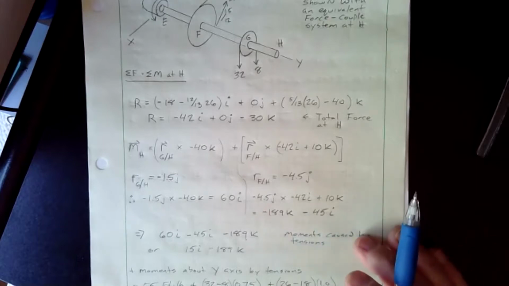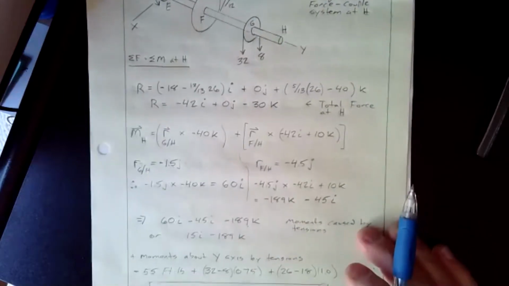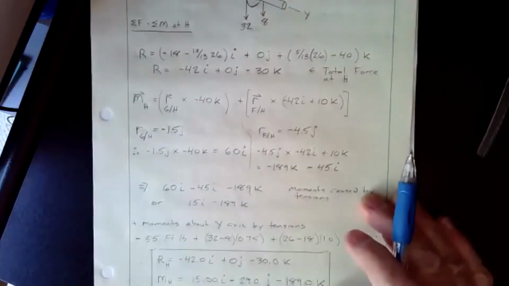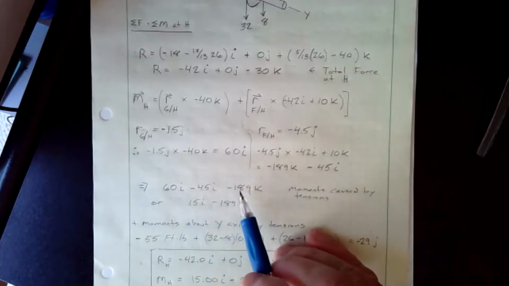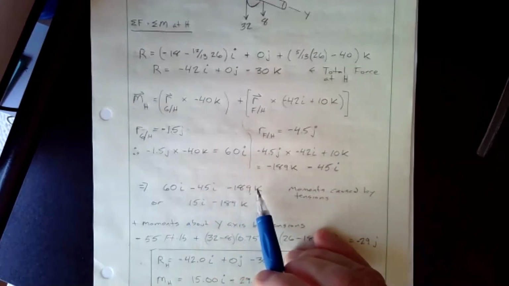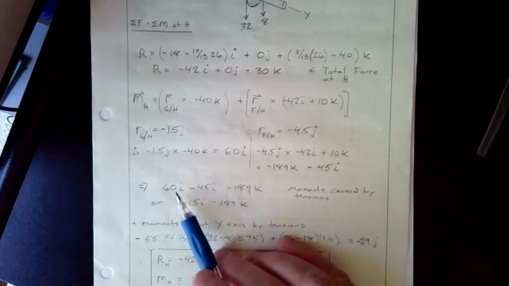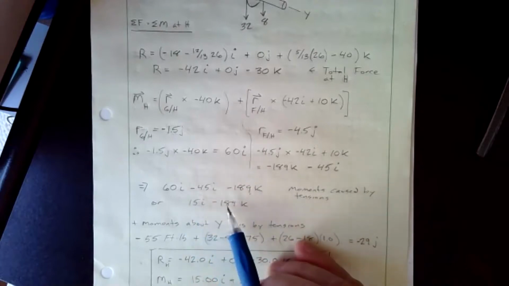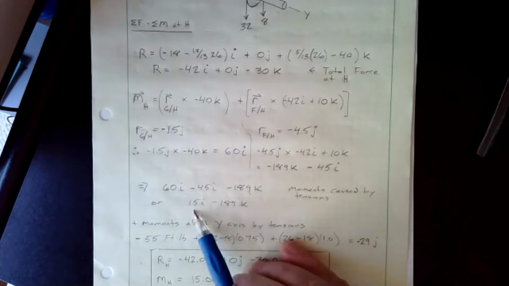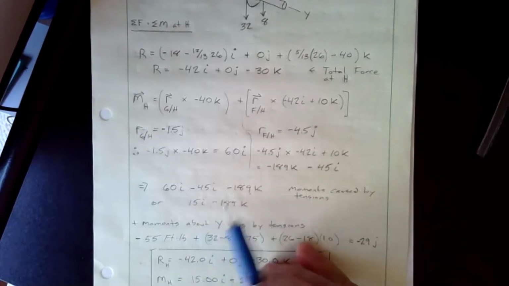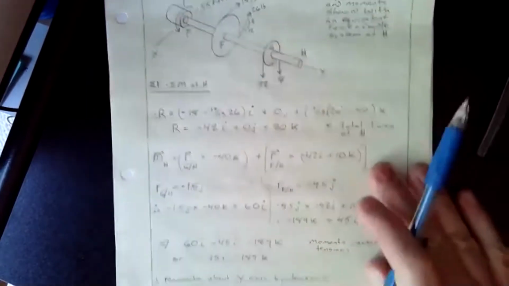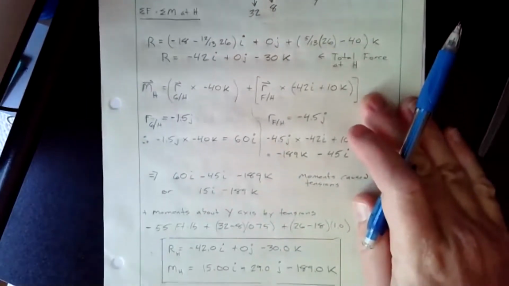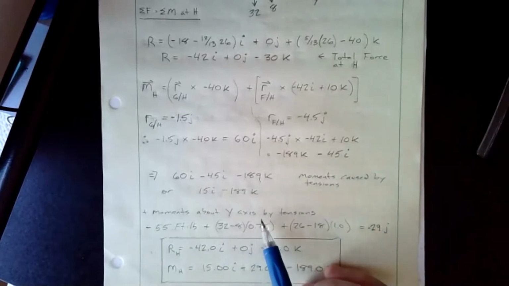So if we add that all together, we get 60I minus 45I minus 189K. When we combine, we end up with a net 15I minus 189K. This represents just the moments created by these tension belts. And the last thing we want to do is moments about the y-axis by the tensions.